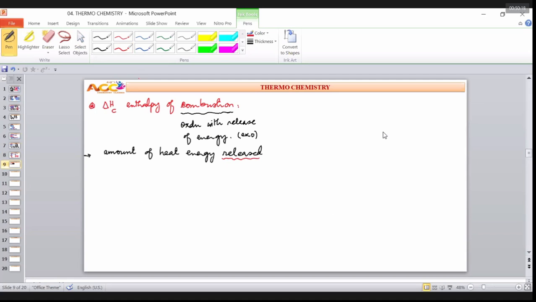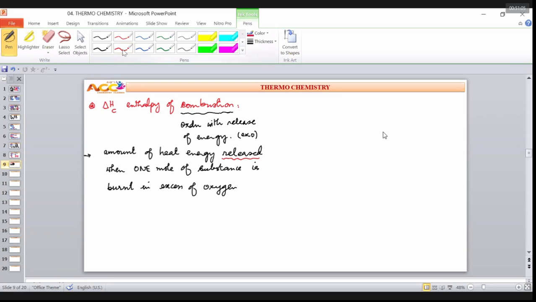It is the amount of energy released when 1 mole of substance is burned in excess of oxygen.